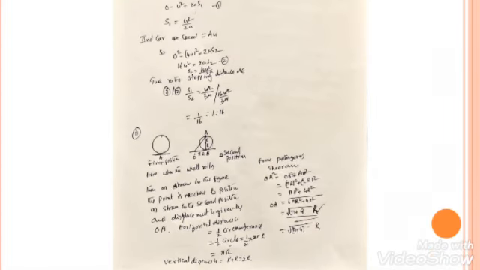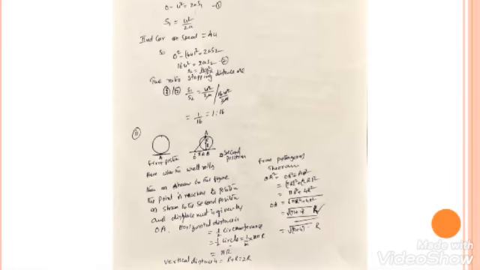In the second position, we can clearly say the horizontal distance is half of the circumference, that means pi r, and the vertical distance is the diameter. Then the magnitude of the displacement is the shortest distance between them, that means the magnitude of OA. Half of the circumference, half into 2 pi r, we will get pi r.